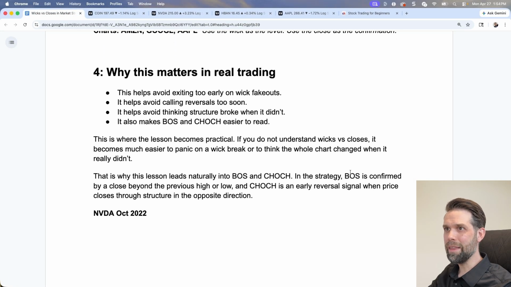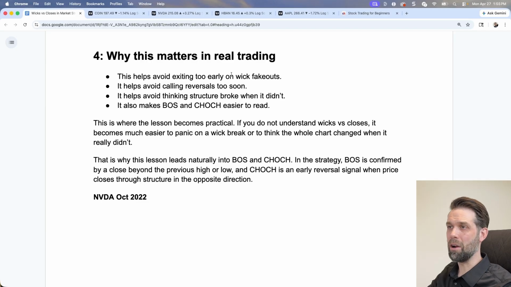So why this really matters, apart from those quick explanations, is it helps us avoid exiting potentially too early on some fake out. There might be some volatility during the week or during the month where price wicks down to certain levels. But if we actually close back above those, then market structure is intact and we haven't sold out too early.